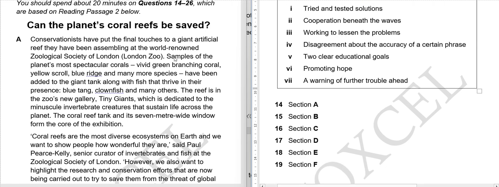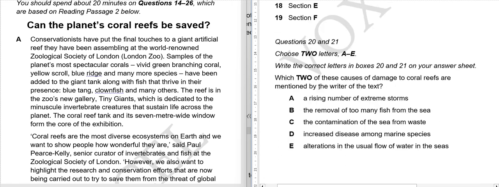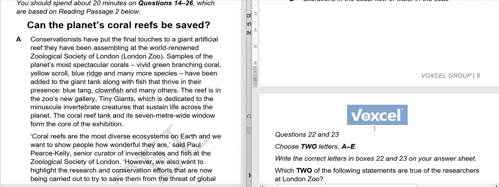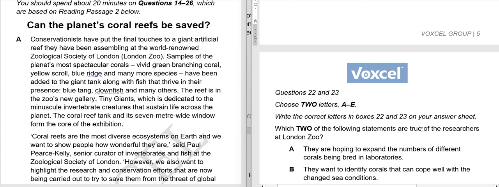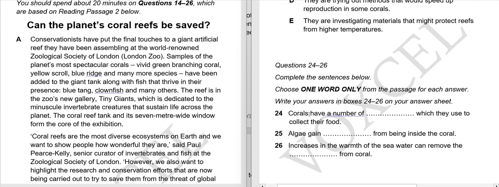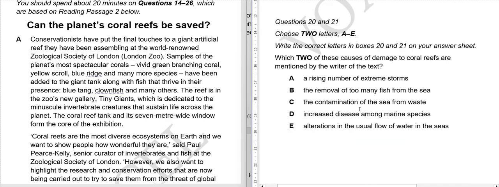Okay, so let's see. We will read the first paragraph and then we will see if there are any causes mentioned, or if there are any researchers of London whose statements are given, or if corals have a number of something to collect their food, or algae is mentioned.